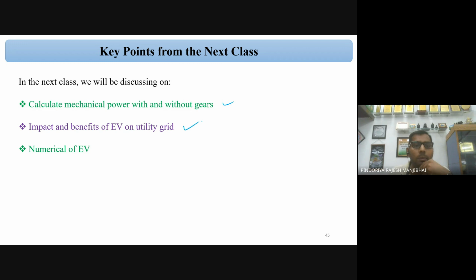Then, on the grid: suppose you want to charge your vehicle, we charge our vehicle through the grid, and it will produce harmonics and so on. So what is the actual effect on the utility grid, and what are the benefits?